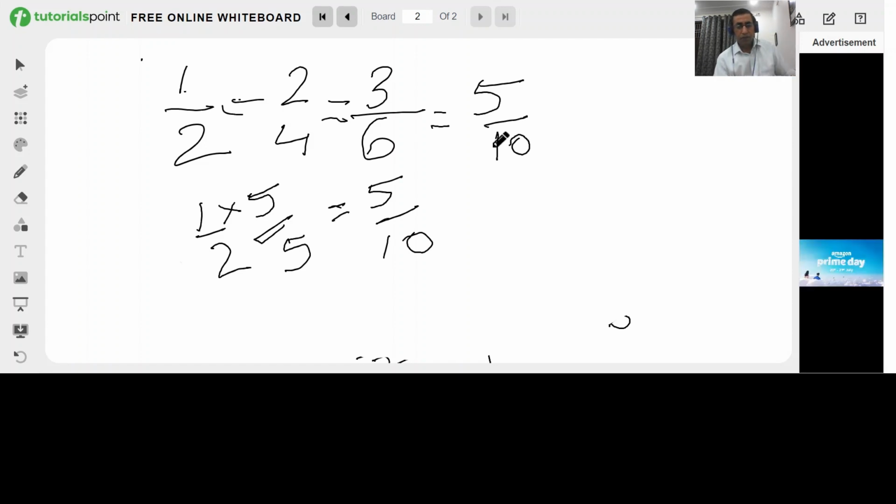And if we have to add any unequal fractions, what we do is first make them equal, meaning we multiply the numerator and denominator by an equal number, and then we add them.